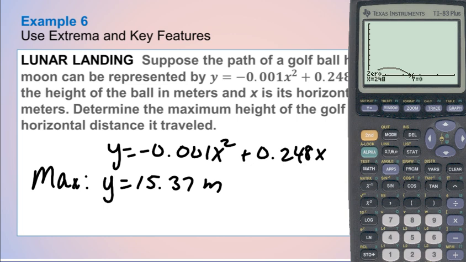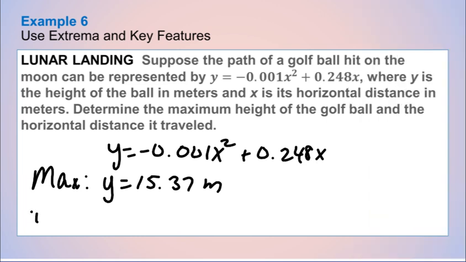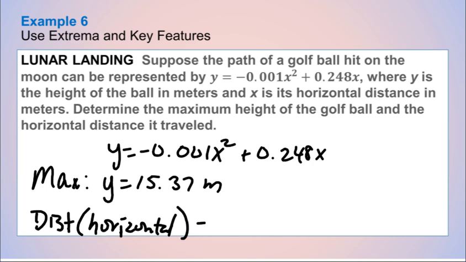When y is 0, x is 248. That means from the origin to the zero is 248. So the distance, and this is horizontal, would be 248 meters.